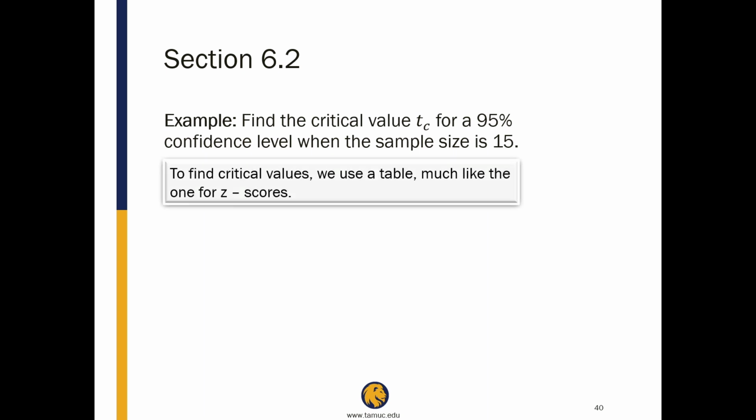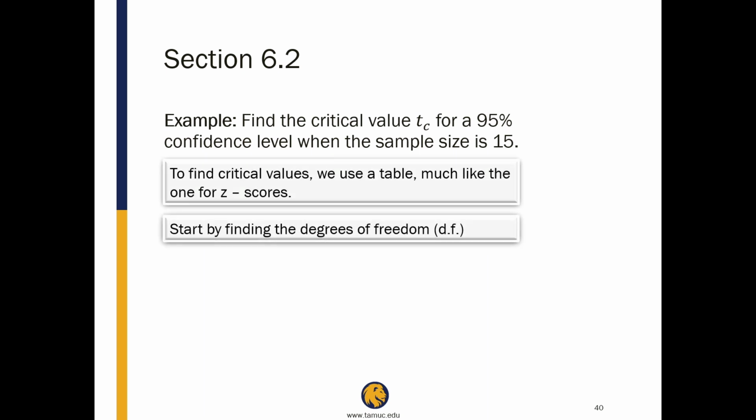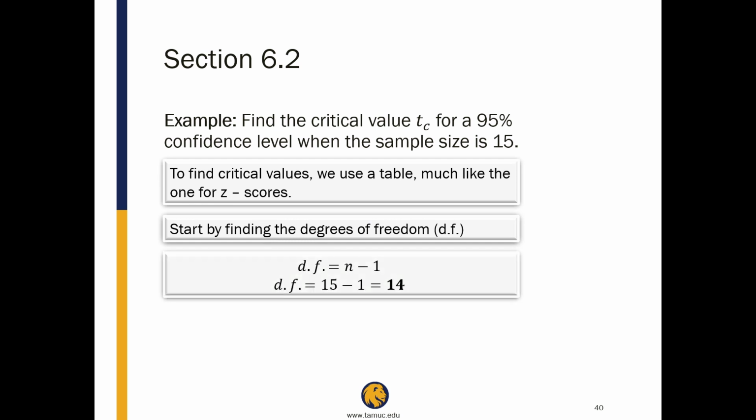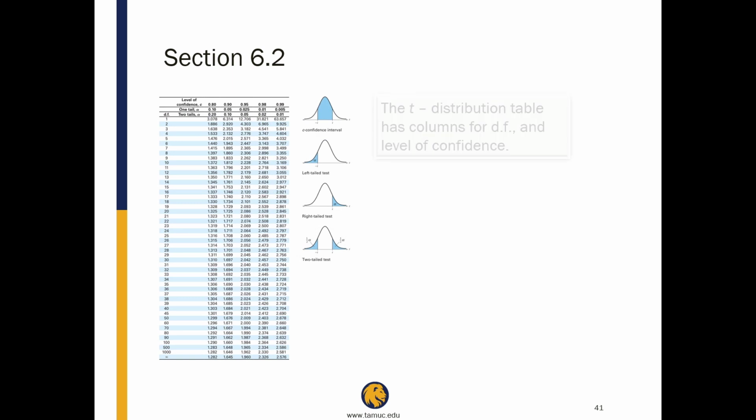Much like the z-scores, we're going to look it up in the table. Start by finding the degrees of freedom, where df is equal to n minus 1, our sample size minus 1, which would be 14 in this case. When we go over to the t-distribution table, we'll be able to look up the column for degrees of freedom and level of confidence.